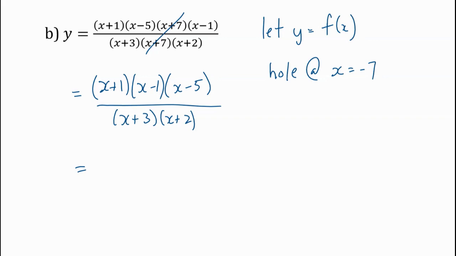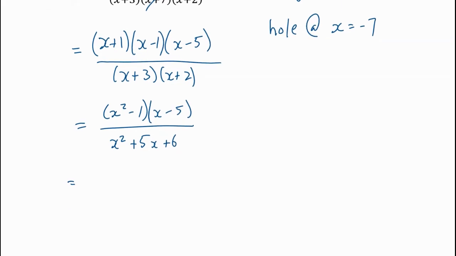So I wrote the x plus 1 and x minus 1 side by side because that's x squared minus 1. Oops, looking in the wrong place. 5x plus 6.